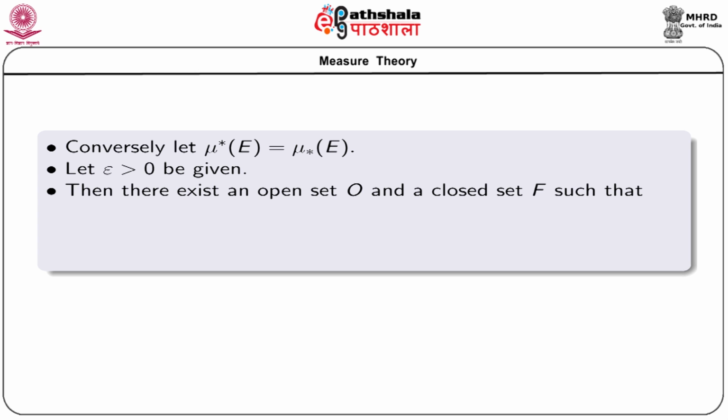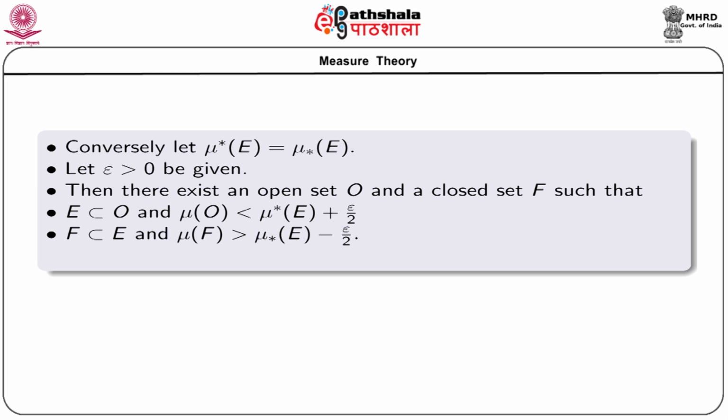Then from the definition of the outer measure and inner measure, we can find an open set O and a closed set capital F such that E is a subset of O and mu of O is less than mu upper star E plus epsilon by 2, whereas F is a subset of E and mu F is greater than mu lower star E minus epsilon by 2.